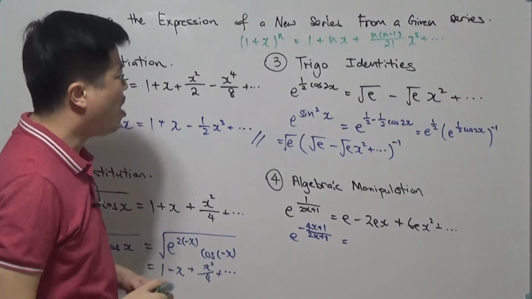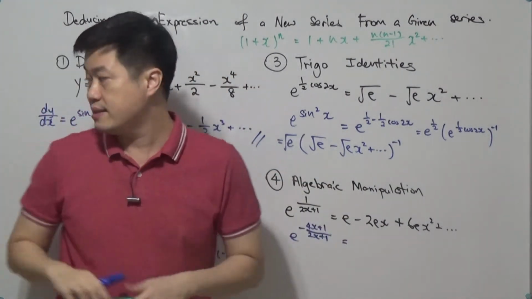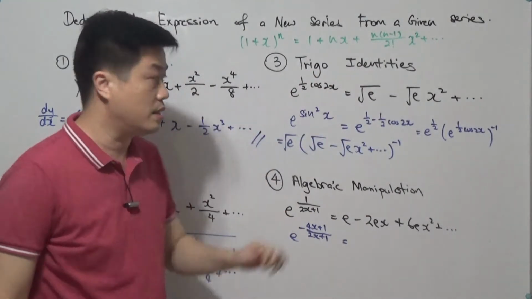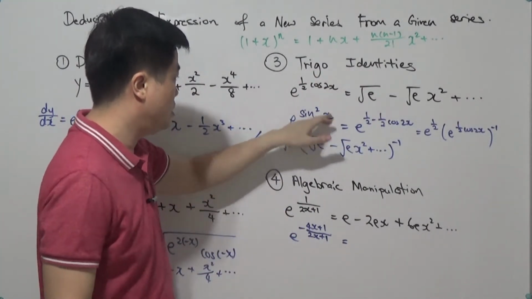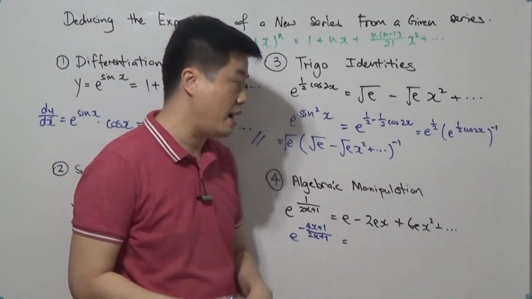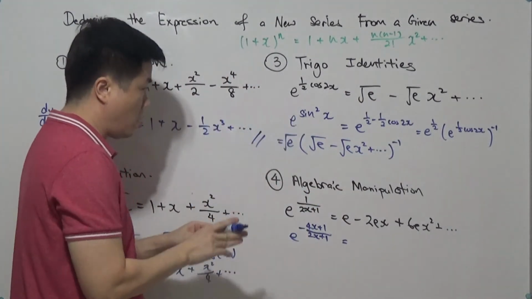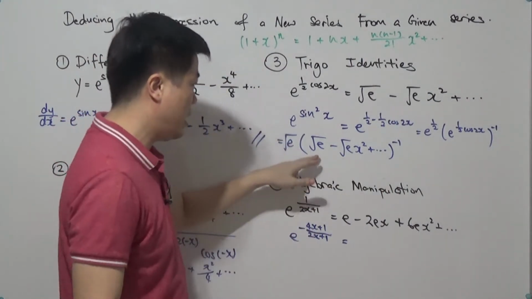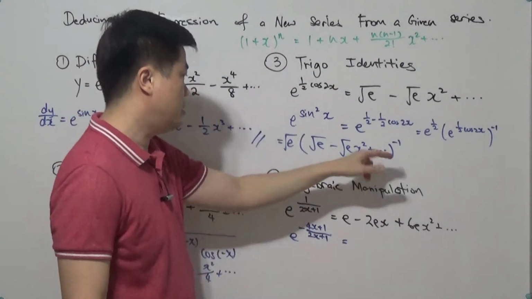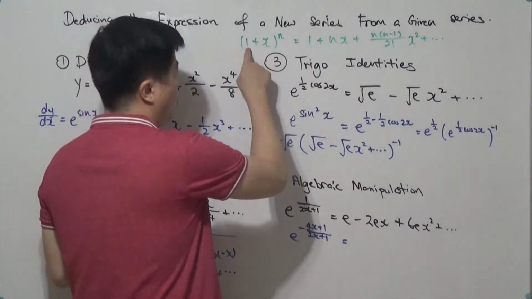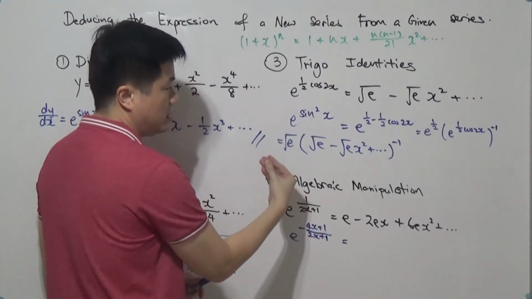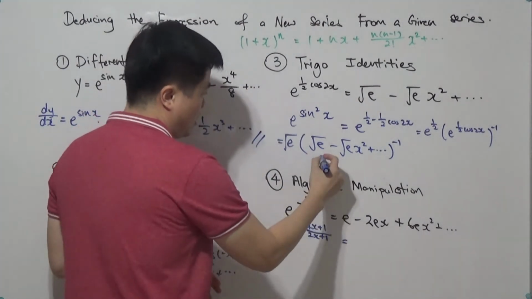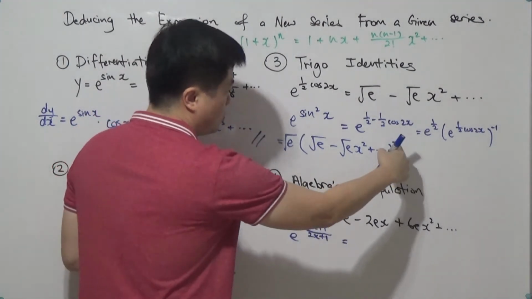So we are not done for this question, but the technique of using the Trigo identities is covered here. We have essentially changed the sine square to the cosine 2x, as I've mentioned. So in order to finish this, let's go ahead and use this to simplify this expression. Now in order to get the 1, we will need to pull out the square root e. When you pull out the square root e, the minus 1 is being applied here.